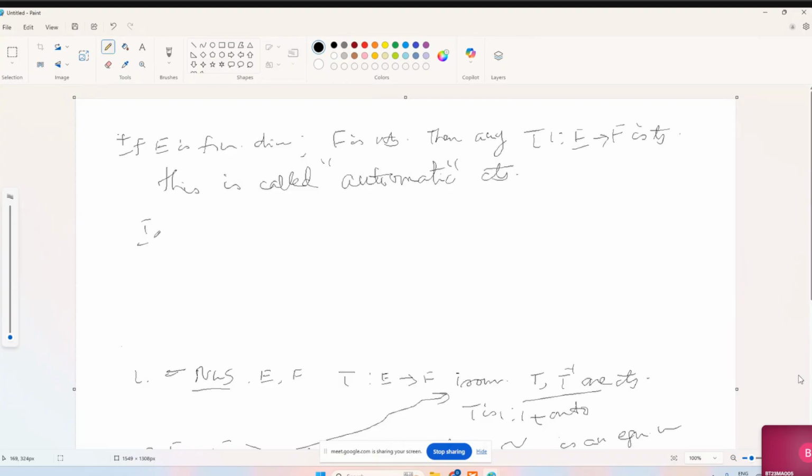So if the domain is finite dimensional, then every linear operator T from E to F, any normed linear space, is always continuous.